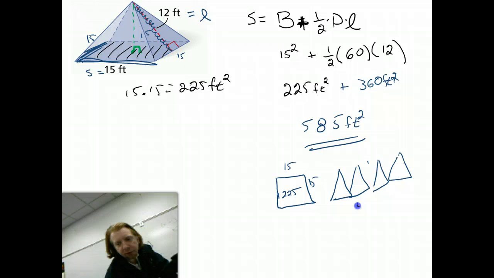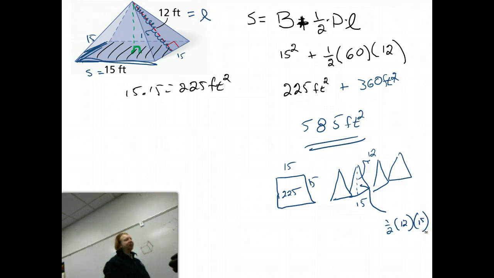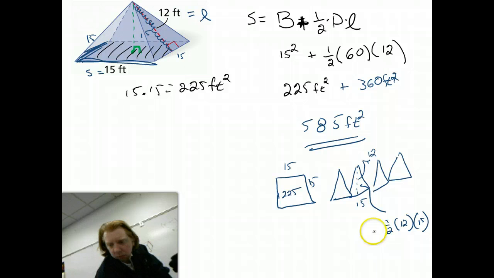Each triangle is 15 along the base and 12 high. So they have an area of half times 12 times 15, which means that one side of the triangle has an area of 90. Except I got 4 of them.